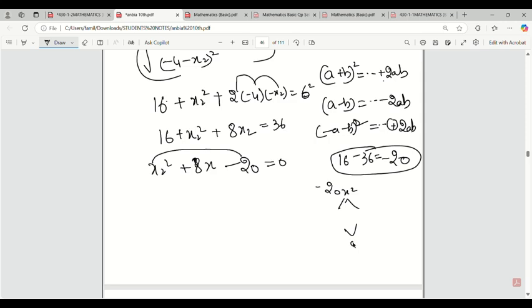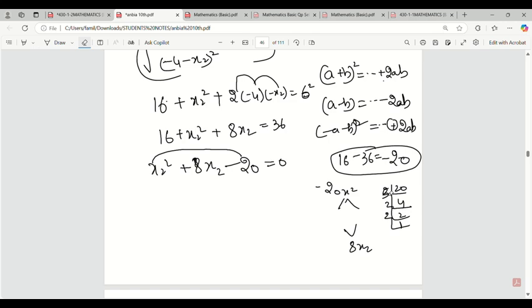Minus 20 and the sum should be 8x2. Let us take 5: 5 4s are 20, 2 2s are 4, 2 1s are 2.